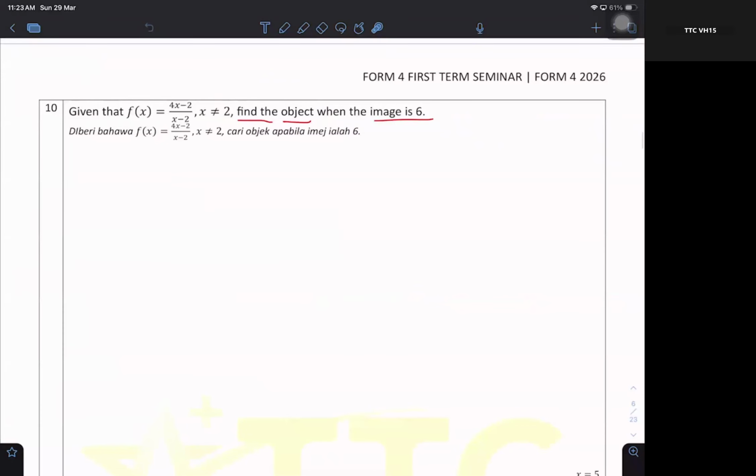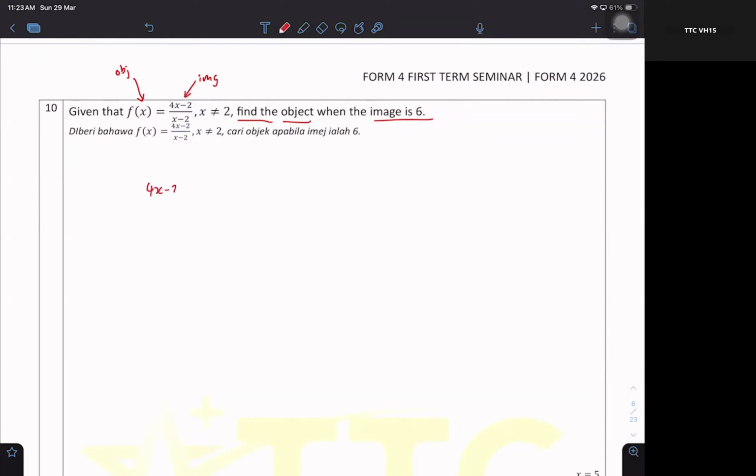So you go back. Now, this is the object. This is the image, right? So now you think like this. Very logical thinking. The question says the image is 6, and we all know that this is the image, right? So you take this equals to 6.